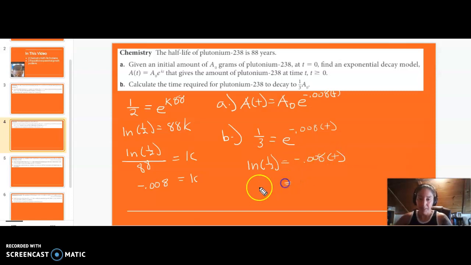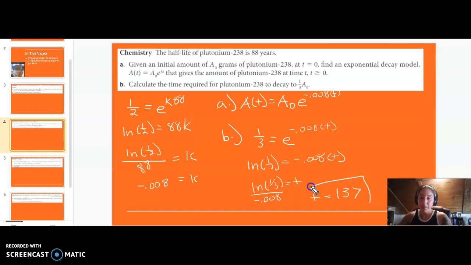Divide both sides now. Ln of 1/3 divided by negative 0.008. So that'll be our t. If we plug that into a calculator, ln of 1 divided by 3 divided by negative 0.008, our calculator tells us that is 137 point some stuff, but I'm going to round, so we're going to say 137.